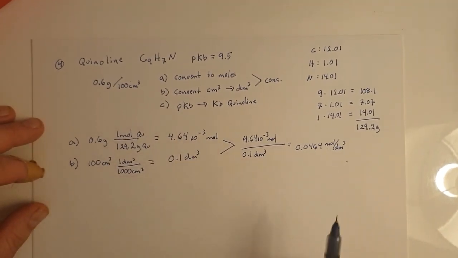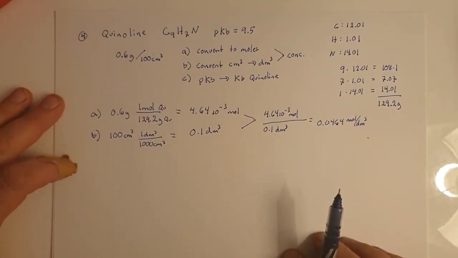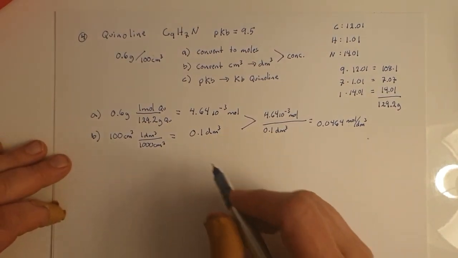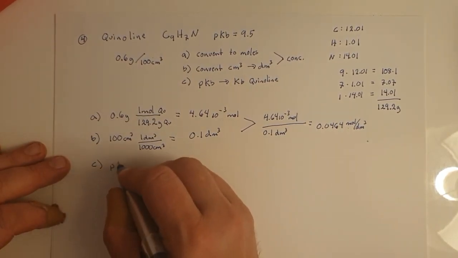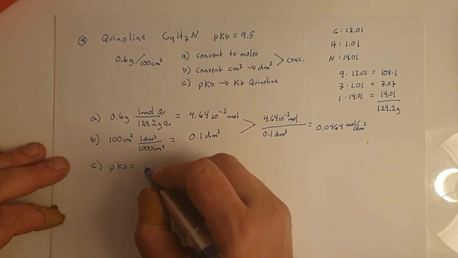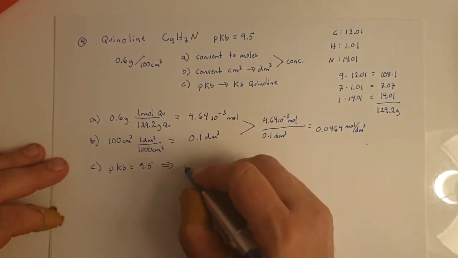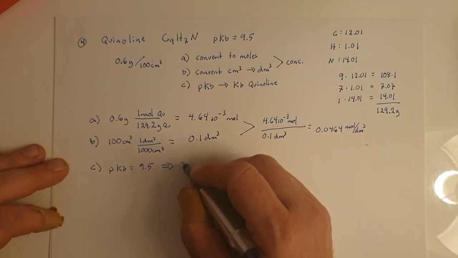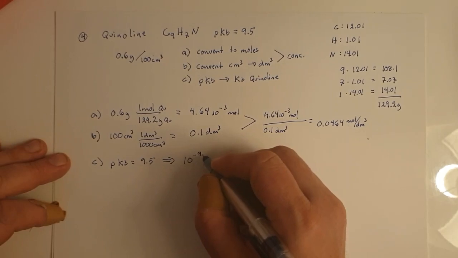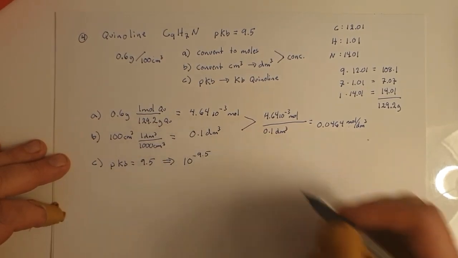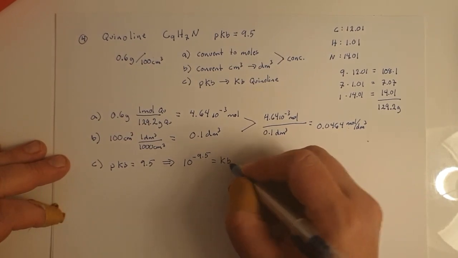So now we need to move on to part C so that we can figure out what's going on with the equilibrium. If the pKb is equal to 9.5, then 10 raised to the negative 9.5 power is equal to the Kb.